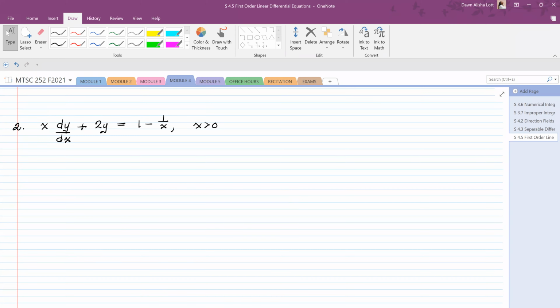Do you have to move the x to the other side? Well, I have to divide by x. So I divide everything through by x. So I get dy dx plus 2 over x times y is equal to 1 over x minus 1 over x squared. So I divided through everything by x.